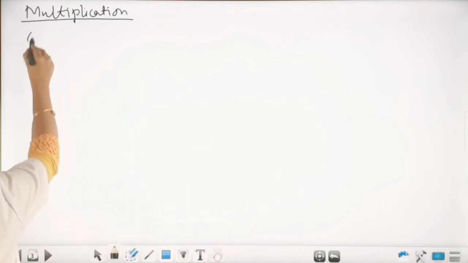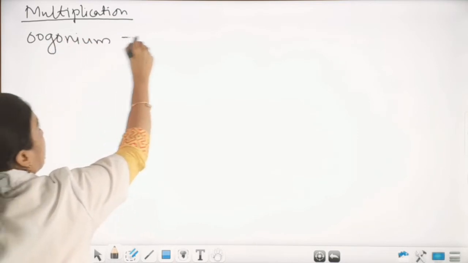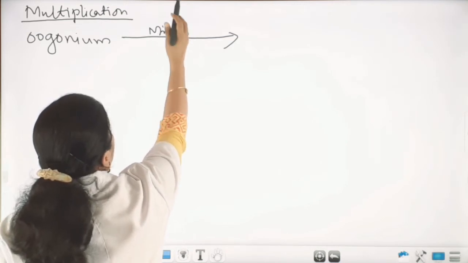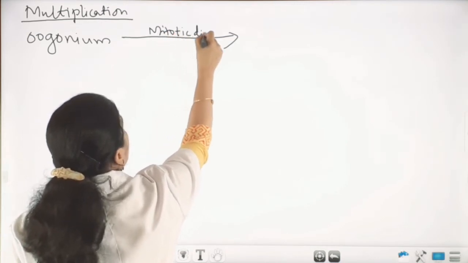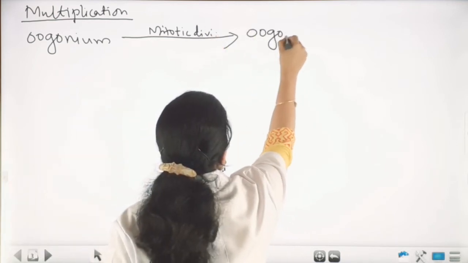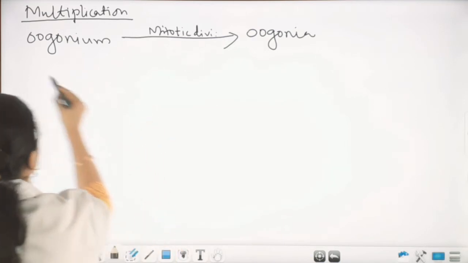So we can say the oogonium undergoes repeated mitotic division to form several oogonia. Then these oogonia get into the next stage.